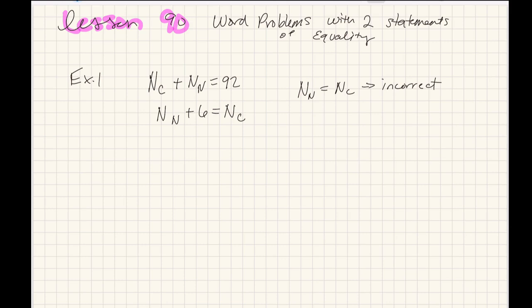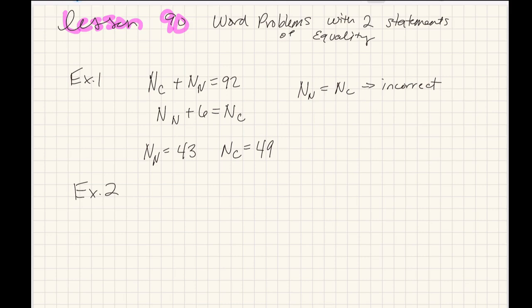So in this problem, basically all we need to do is take that 92, subtract 6, and then divide by 2 to figure out how many Nellie picked. So Nellie would have picked 43. And then to figure out how much Charles picked, we're going to add 6 to that. So 43 plus 6 is 49. All right, let's do another.